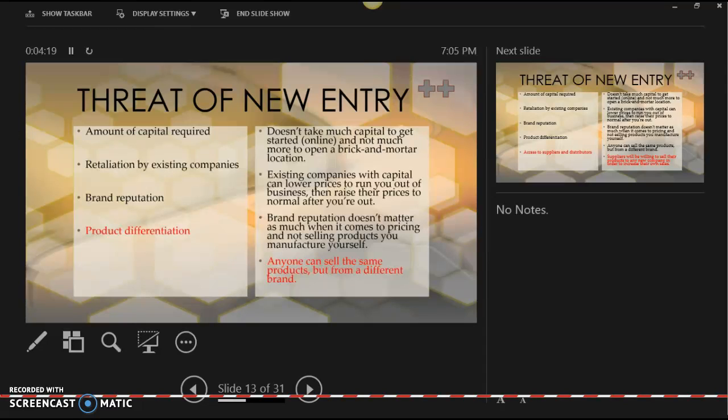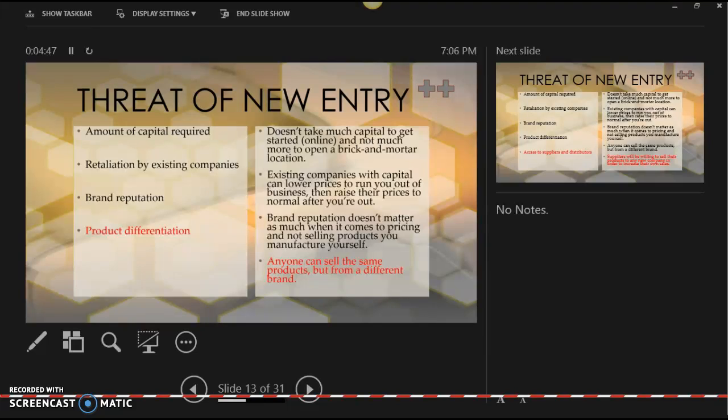Product differentiation. Anyone can sell the same products, but from a different brand. So, any store out there, let's talk about 3D printers. There's many different 3D printer manufacturers out there on the market, and each one can be just as good as another one. It doesn't matter what brand you sell, especially in the 3D printer market, because there aren't that many well-known brands in that segment yet.